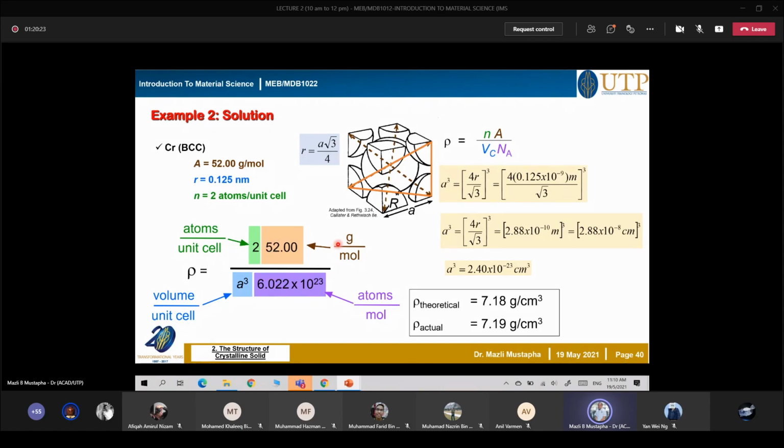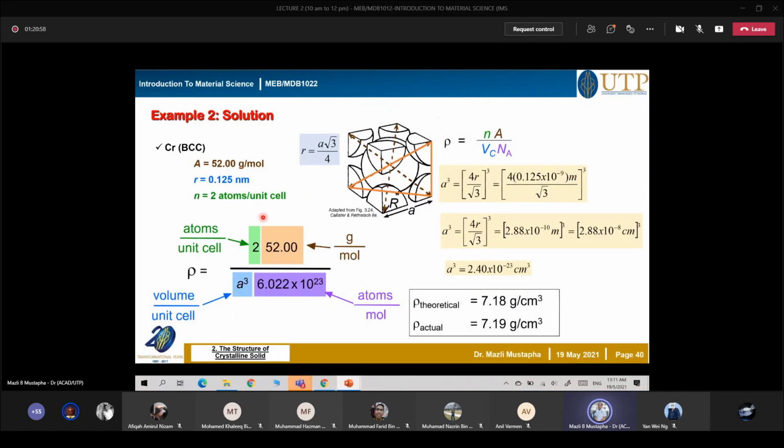So I hope that if you are asked for face centered cubic, the only difference is that you need to consider the number of atoms, the N value. Atomic weight of course is different for every element or metal, but the most important thing is that you need to find the A relation with the R. For face centered cubic there is another relation we have seen before, and for simple cubic we also have another relation.